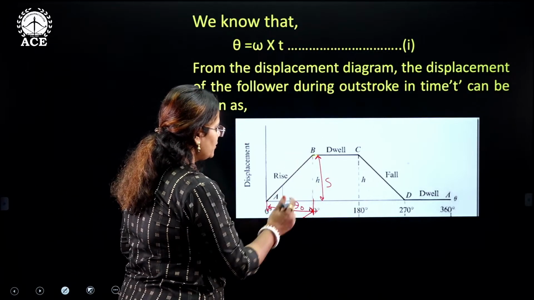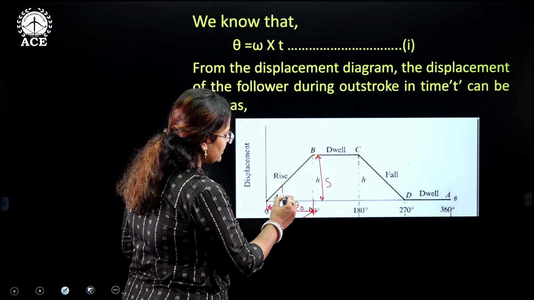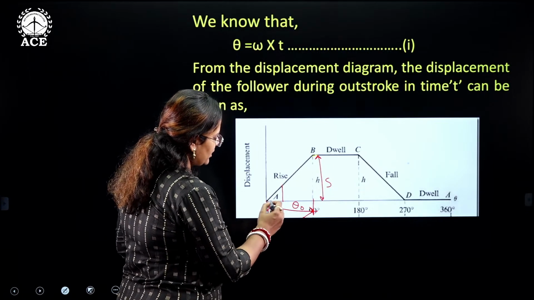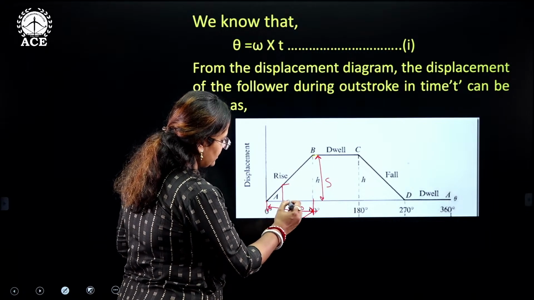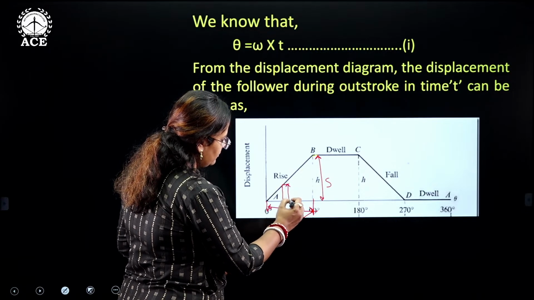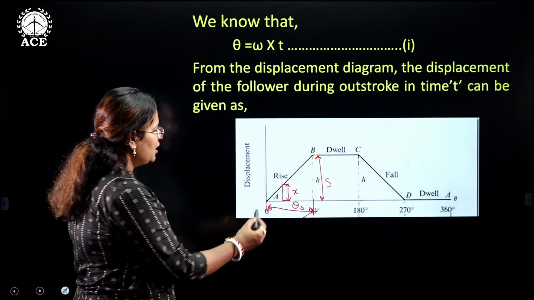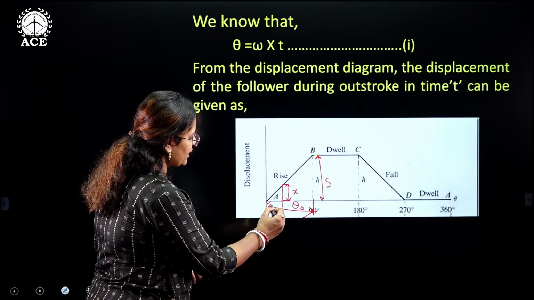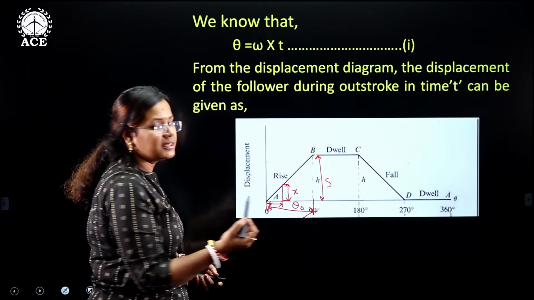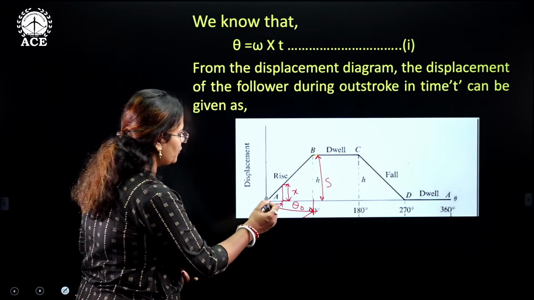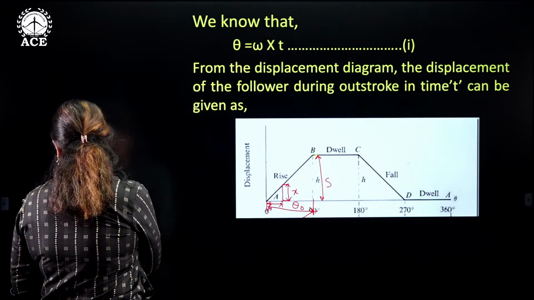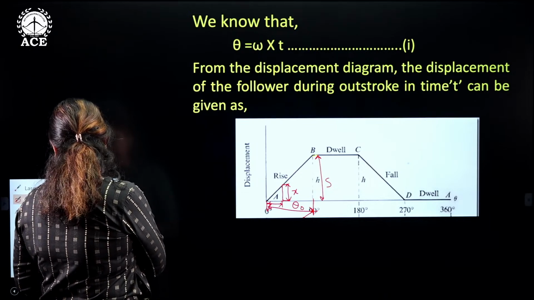This is the stroke. Now if I draw a certain point, let's say after time t, there is some x distance, the lift of the follower is some x over here. And after time t there is some displacement of theta over here.